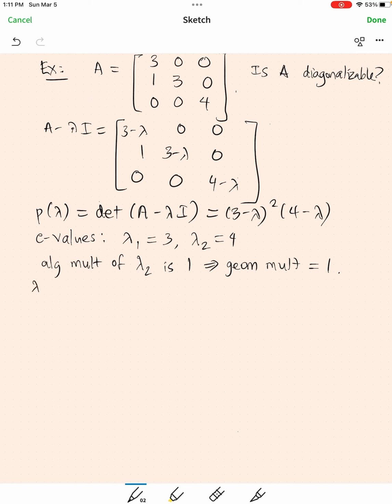So now we need A minus lambda I, so A minus 3I. And what are we trying to find again? We're trying to find the dimension of the 3 eigenspace and see whether it's 2 or 1. Those are the only possibilities. So A minus 3I gives me, oh, well, that's easy. It's just this.